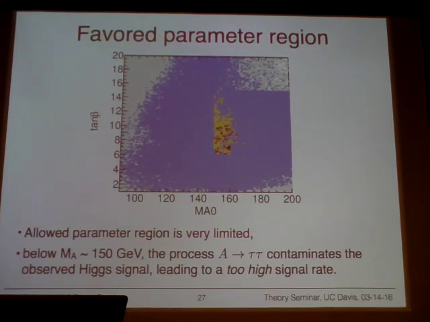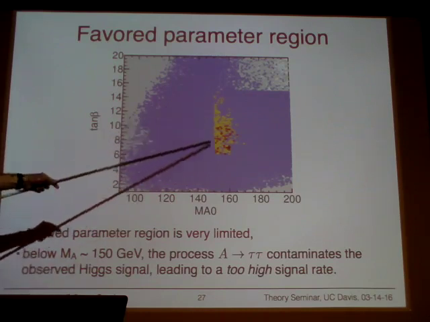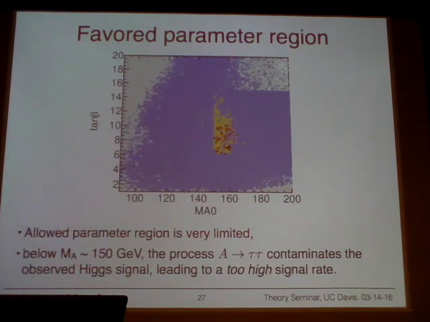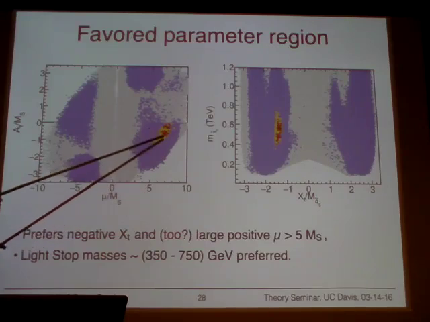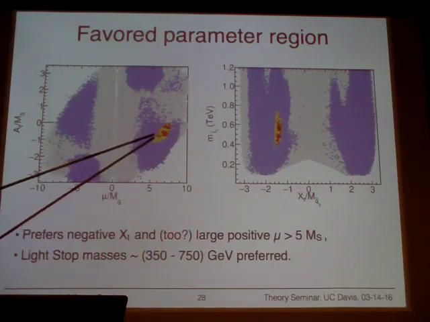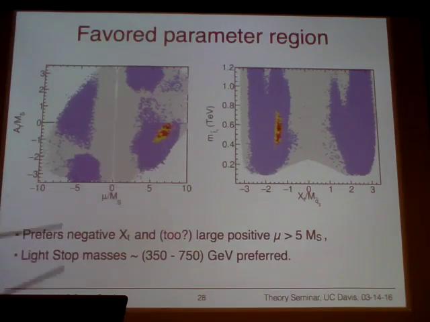So if this Higgs gets too close to 125 GeV, it overlaps with the signal, and then you get too high a rate in the tau final state. That's why we observe this sharp edge here. Again, we observe these solutions only for very large mu values. In fact, it should also show up in this region here, and I think we're still investigating this. There are some numerical instabilities happening up there.